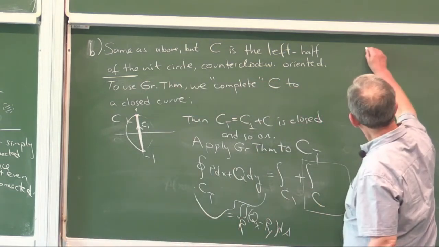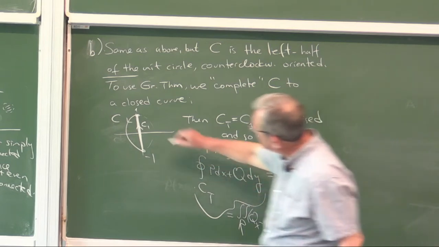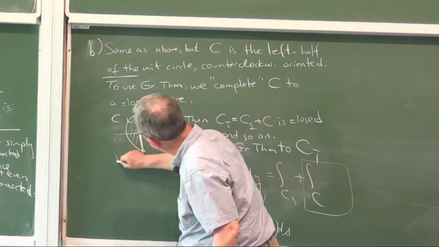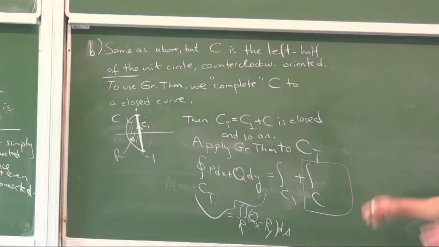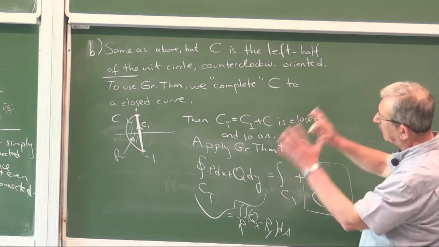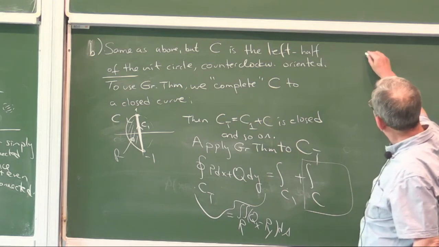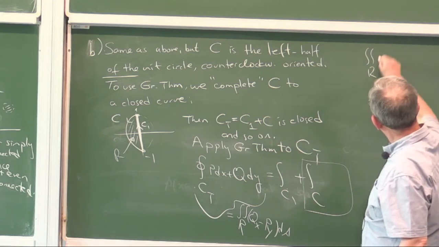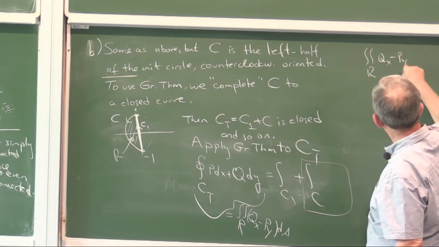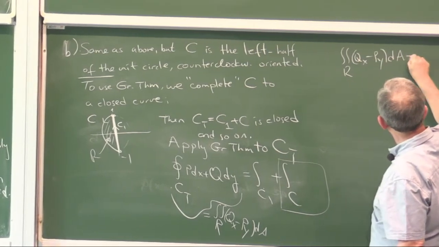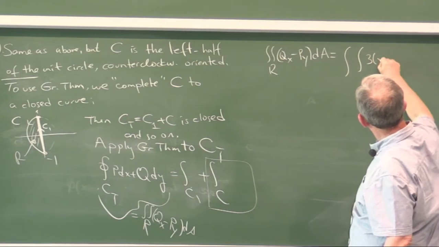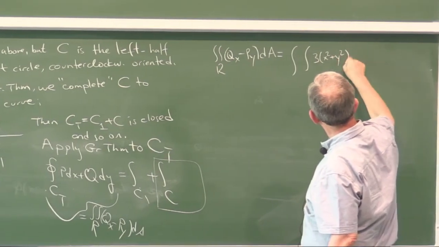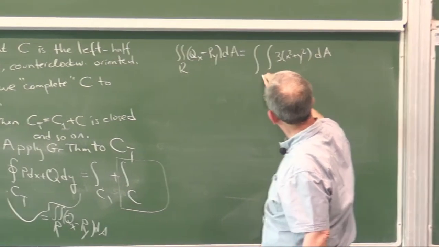Well, here R is the inside part. So it's different from part A, but still it's half of the circle over there. So the integral over R of Q sub x minus P sub y is still 3 times x squared plus y squared dA over R.